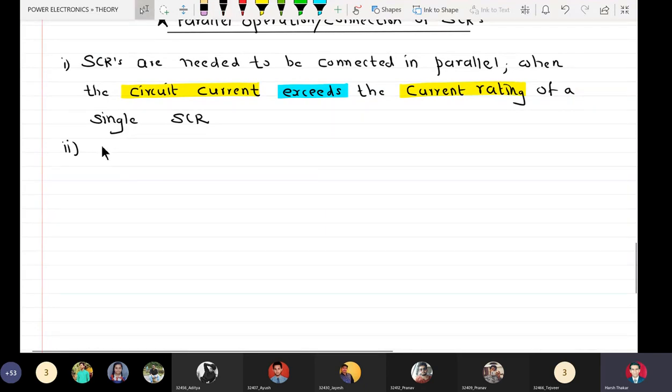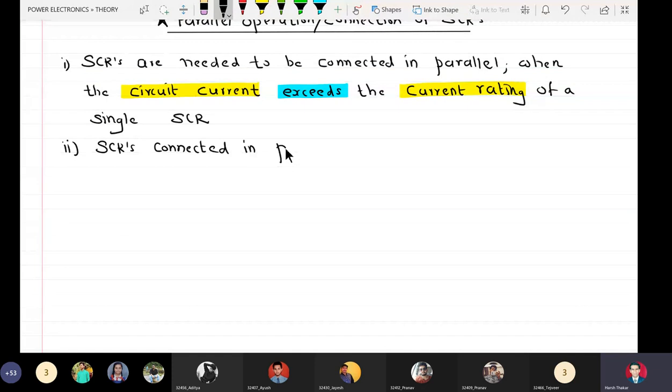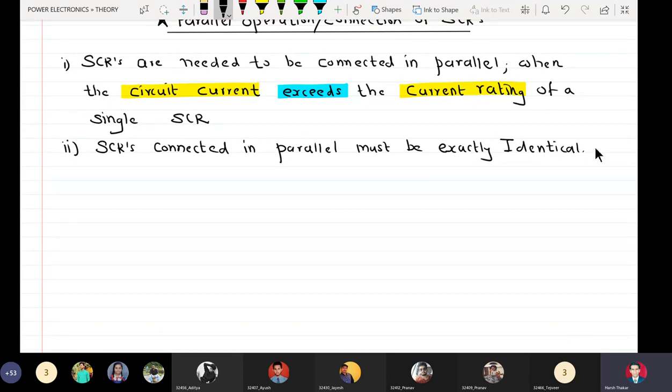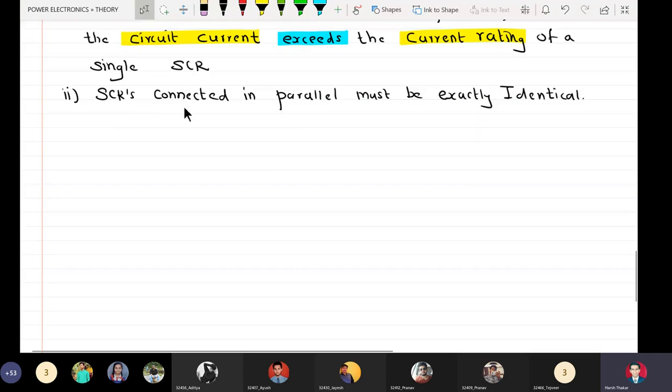So SCRs connected in parallel must be exactly identical. Okay.